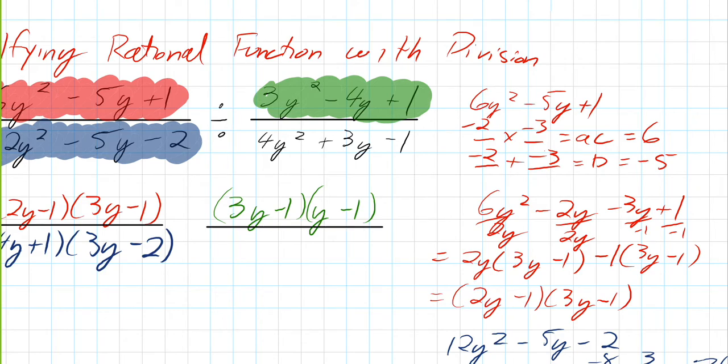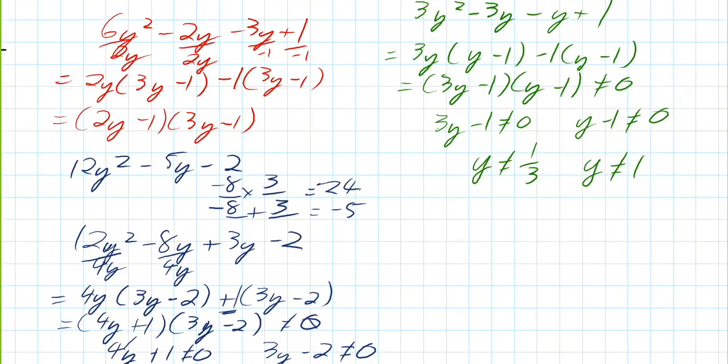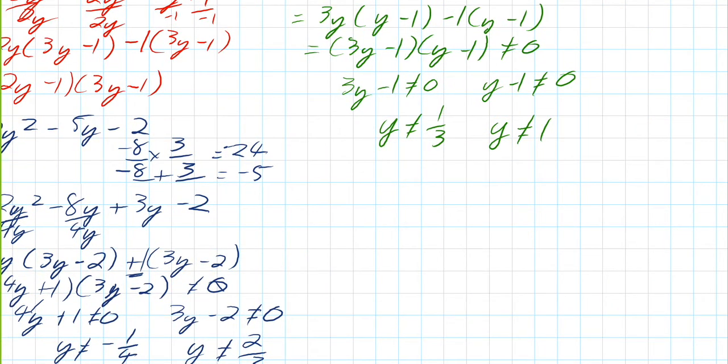Whew. Okay. Last set of factoring. I don't think I have a color orange right now. We'll do this one in black. 4, 3, and -1 over this corner here. I need -4 and +3.